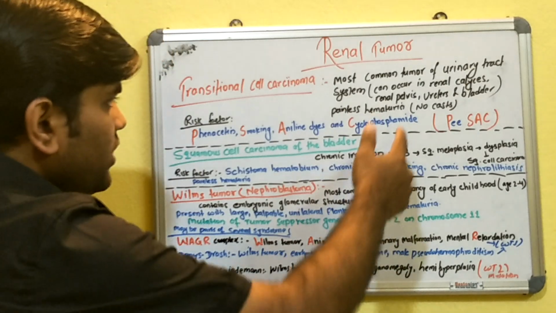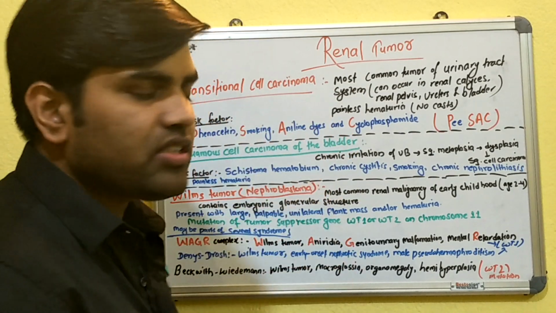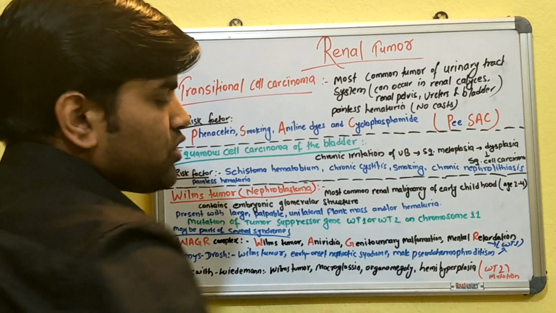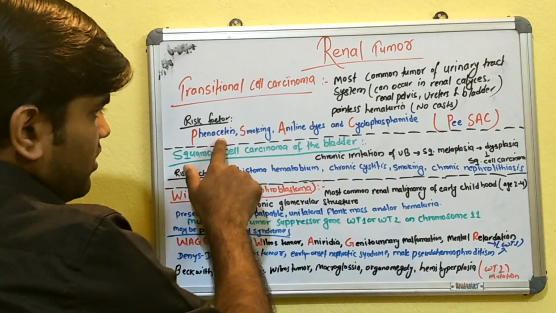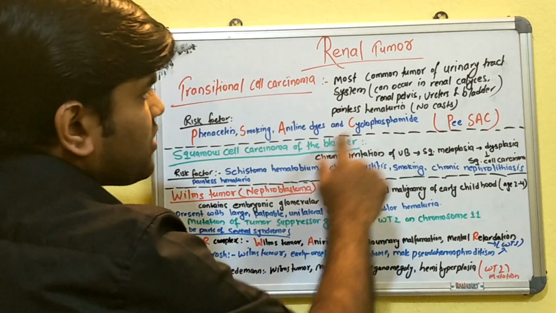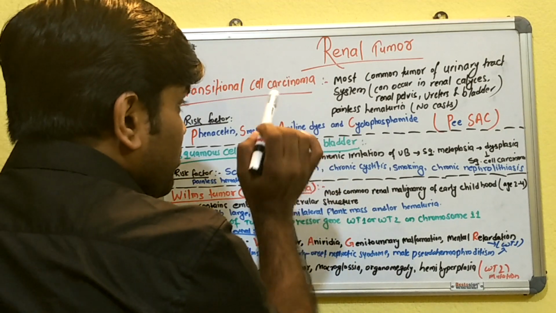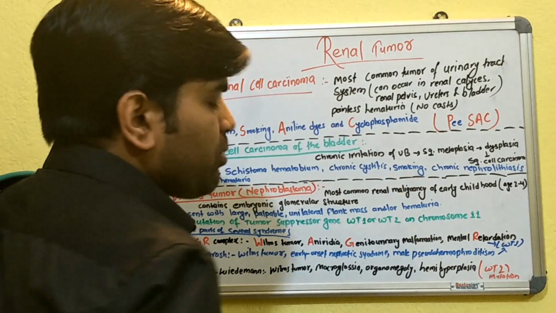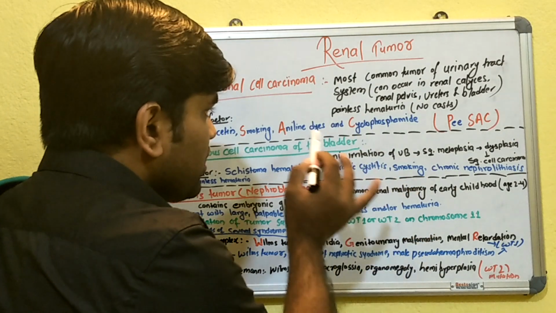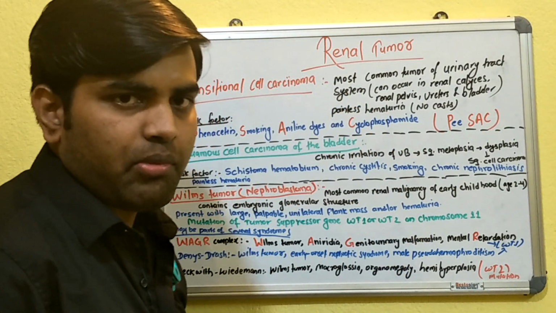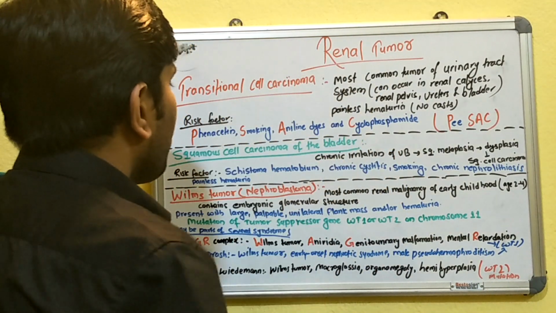Now there is one formula to remember the risk factors responsible for your transitional cell carcinoma, and that is PSAC, where we are talking about the urinary sac. P is for phenacetin, S for smoking, A for aniline dye, and C for cyclophosphamide. Smoking, everybody knows, causes a lot of cancer, but you have to think about aniline dye and cyclophosphamide, because if they give you a scenario, they will mention these in the history, such as use of dyes or cyclophosphamide, or they will tell you directly about a carcinoma and ask you about aniline dye, cyclophosphamide or phenacetin.